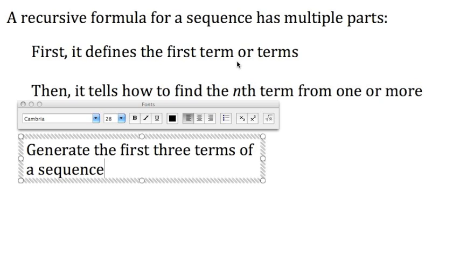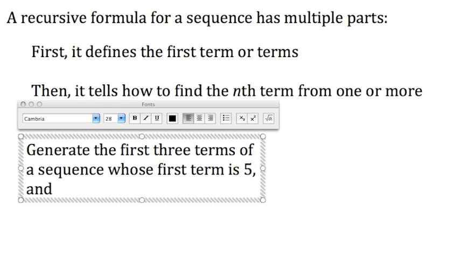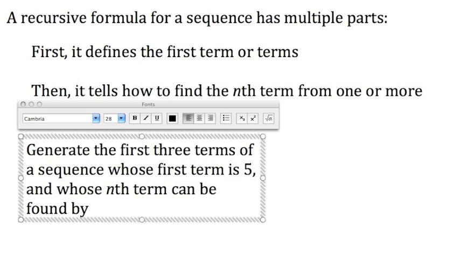So generate the first 3 terms of a sequence, whose first term is 5, and whose nth term can be found by adding 3 to the previous term.